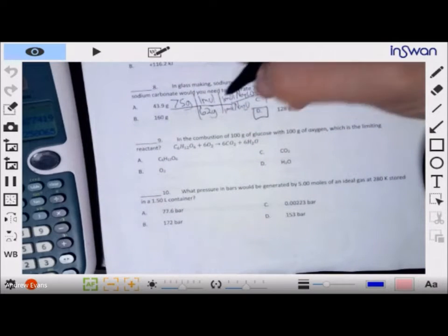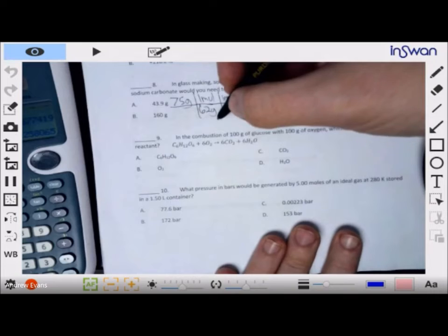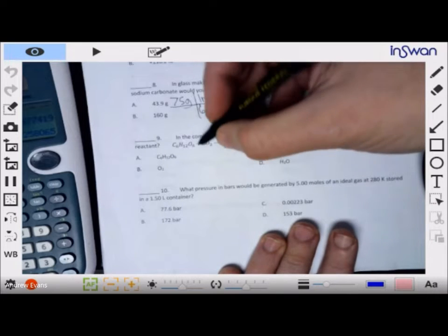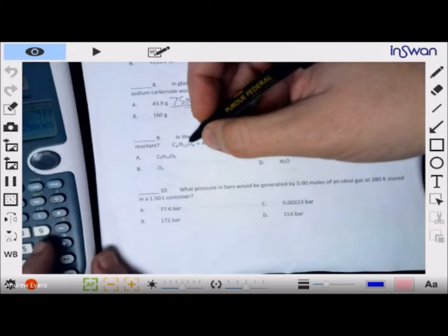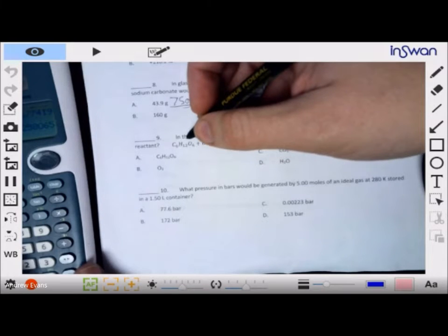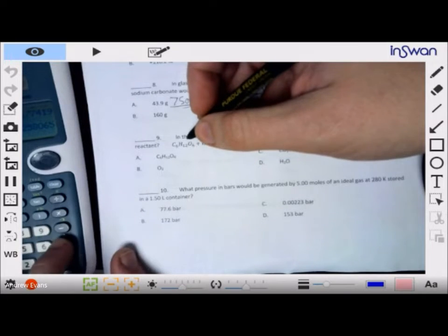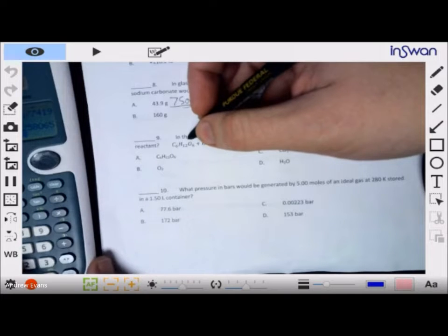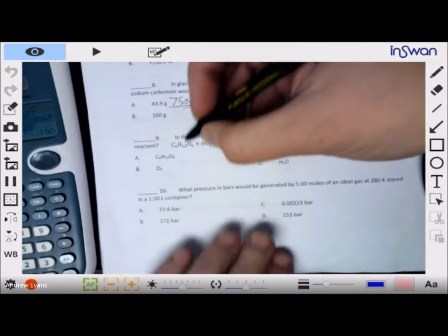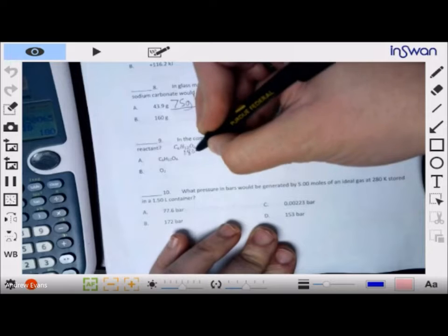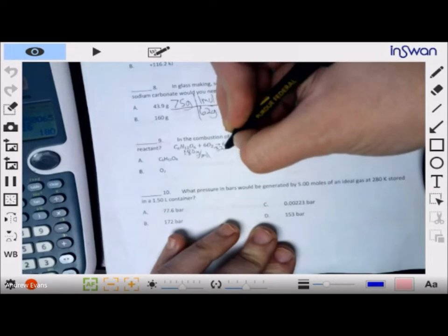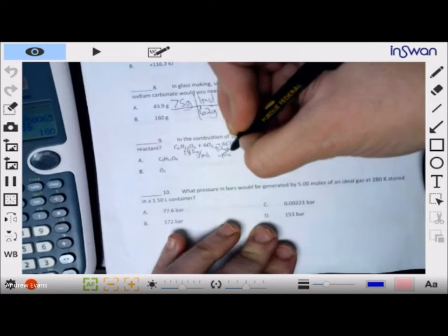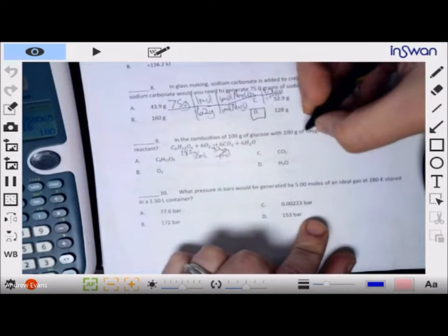In the combustion of 100 grams of glucose and 100 grams of oxygen, what is the limiting reagent? Well, the molar mass of glucose, 12 times 6 plus 12 times 1 plus 6 times 16 is 180 grams per mole. The molar mass of oxygen is 32 grams per mole, but you need 6 moles of oxygen.